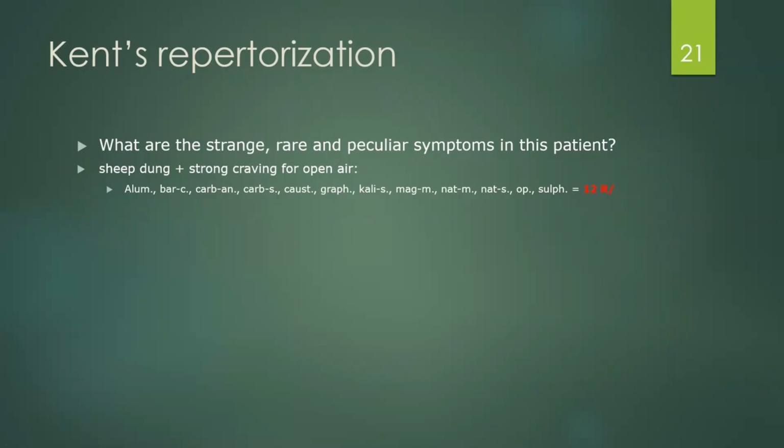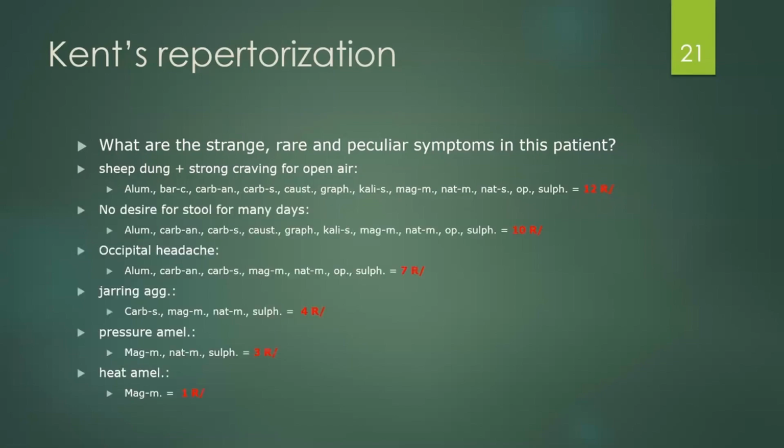You'll understand why. Because you take the remedies of one rubric and the second rubric and find out which are the common ones. In this example, which is taken from Kent's lesser writings, you have sheep dung and a strong craving for open air, which in Kent's repertory offers these 12 remedies as common. Then you look at the next rubric, no desire for stool many days, and 2 remedies are out.